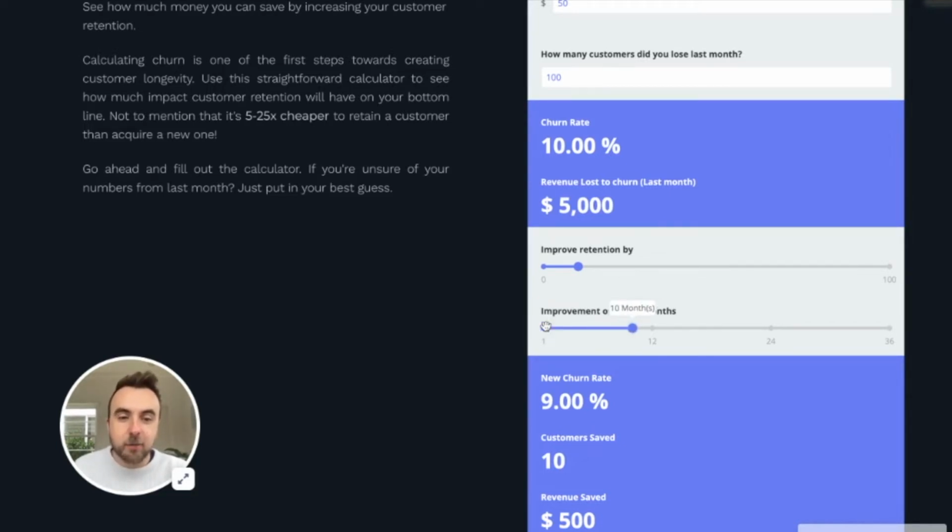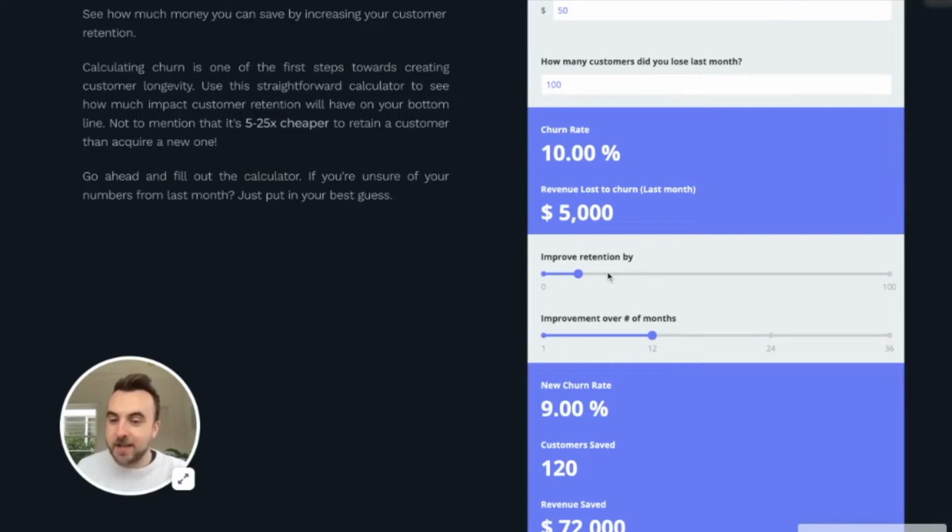But if we look at that over the course of a year, just that 1% change in our churn rate, we're going to save $72,000, which is a huge amount. That's 120 customers that we've saved. That's $72,000 worth of value just over the course of one year by making a 10% improvement and taking our churn rate from 10% down to 9%.